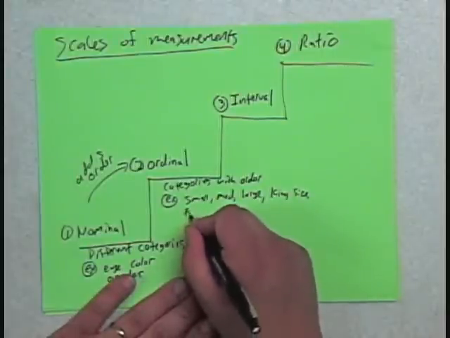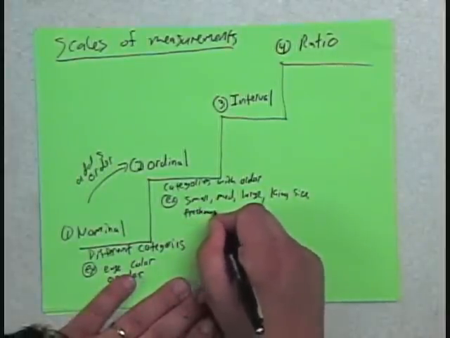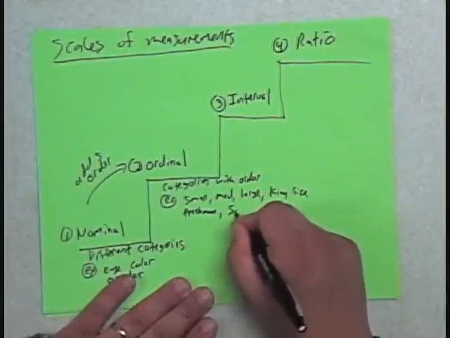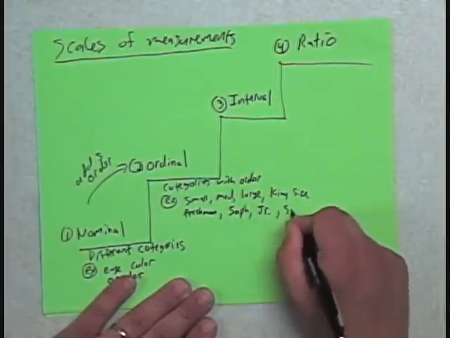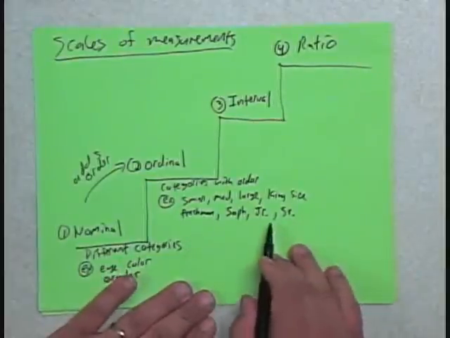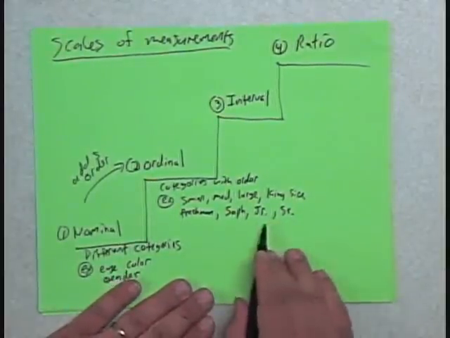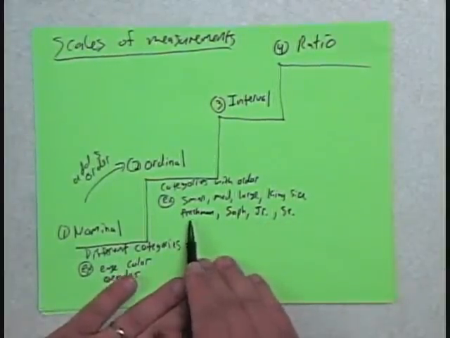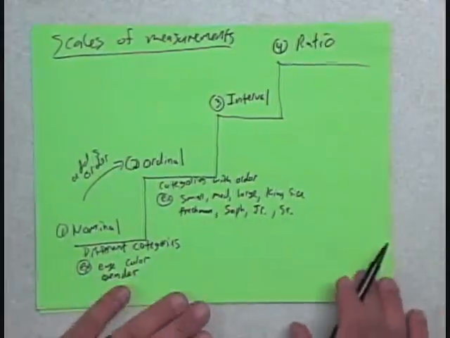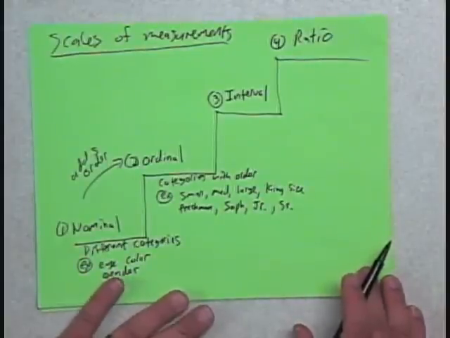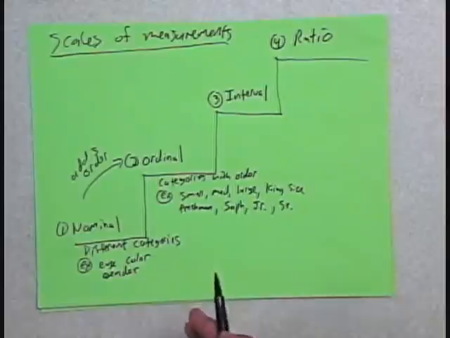Another example would be freshman, sophomore, junior, senior. So your class standing. These are categories, but you would naturally progress. You go from freshman to sophomore, junior, senior. So these categories have a natural ordering to them.